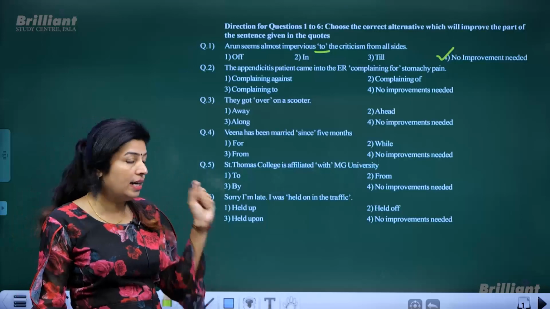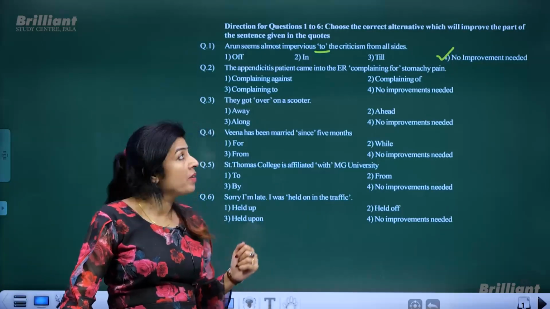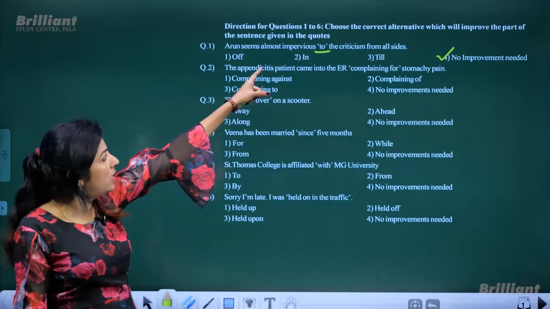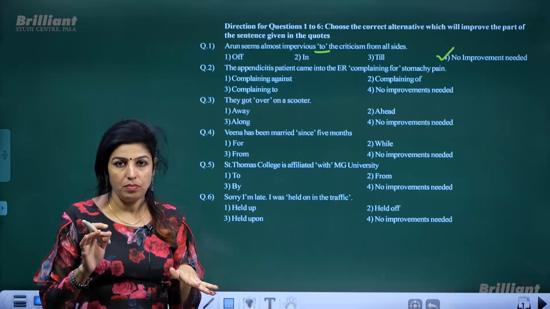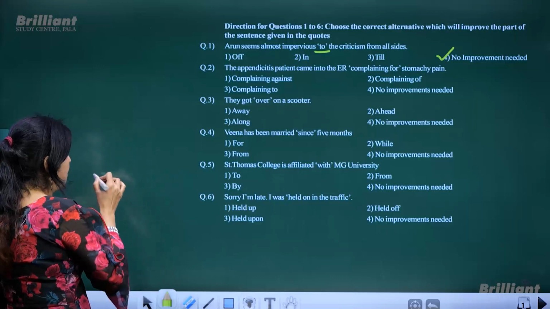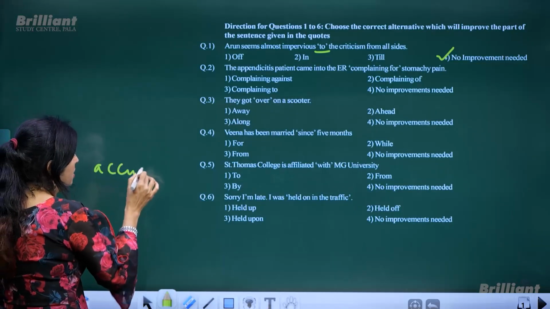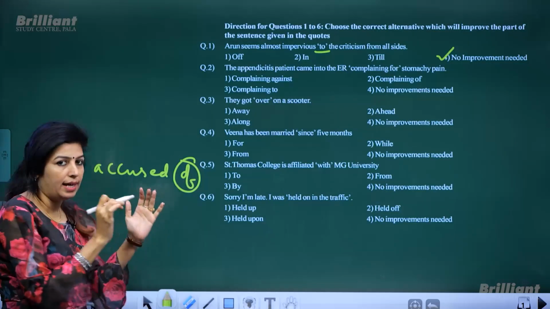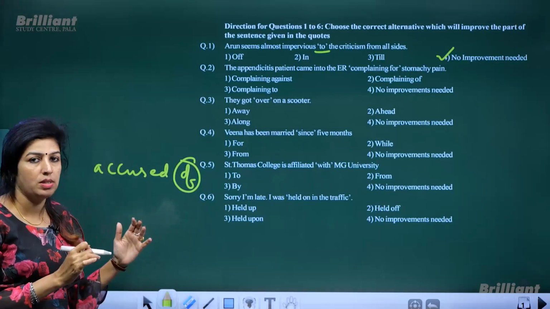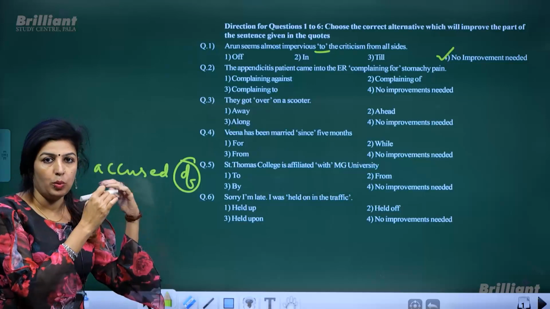Another rule is also there. See, actually with the word impervious, it's always 'to'. Like one example is accused of. Only that preposition, of, can be used with the word accused.